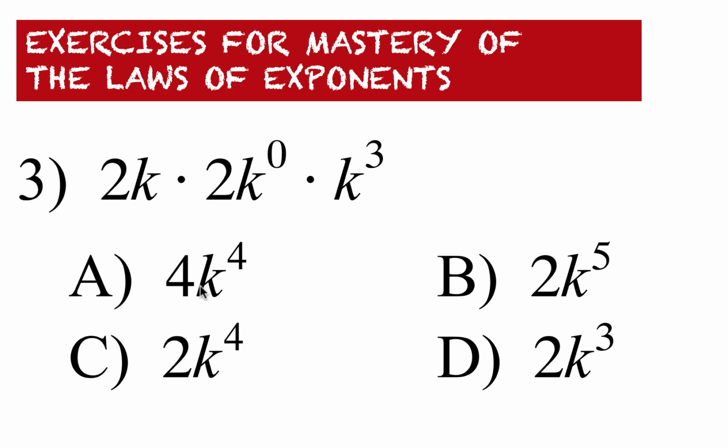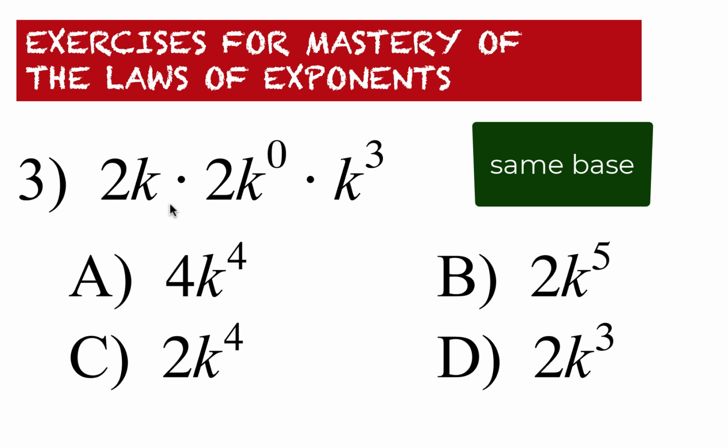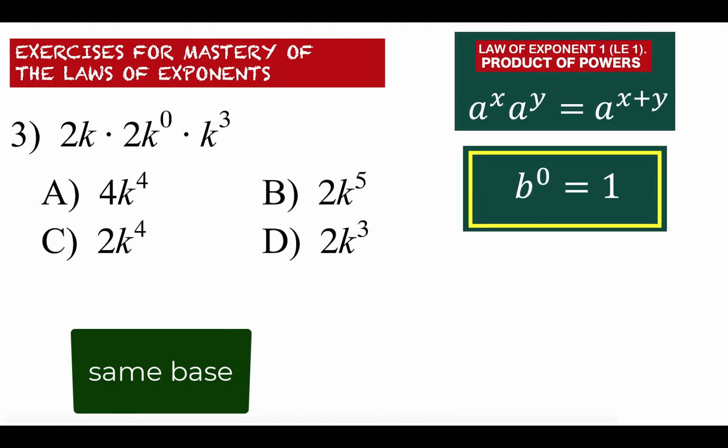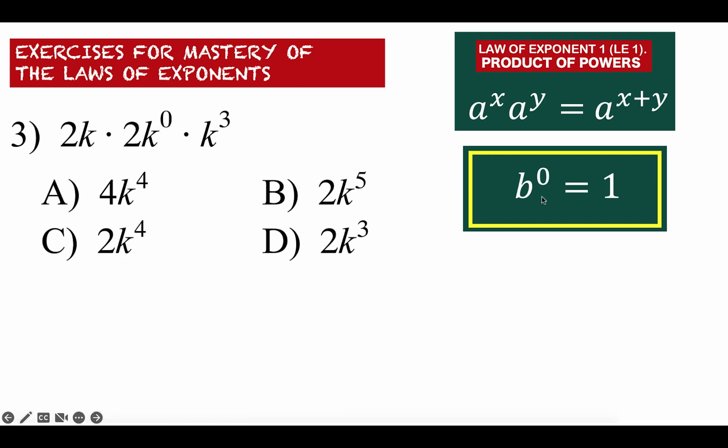Number 3, we have 2k times 2k raised to 0 times k cubed. Find the product. Again, k is the common base here, so we add the exponents applying law of exponent number 1. And we also see that there is a zero exponent, so we use the formula: any number raised to 0 equals 1.